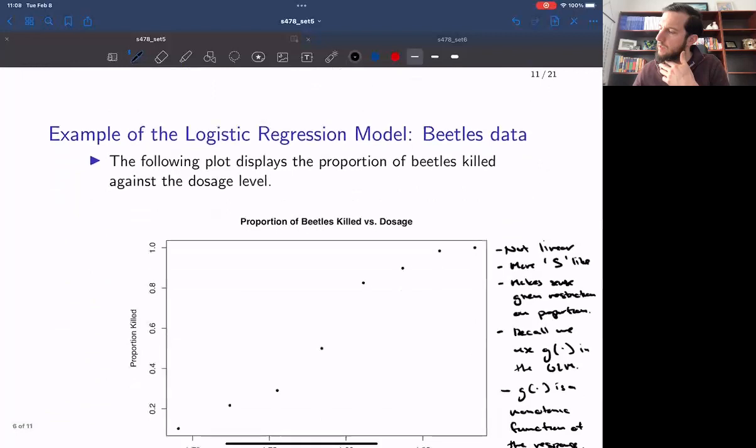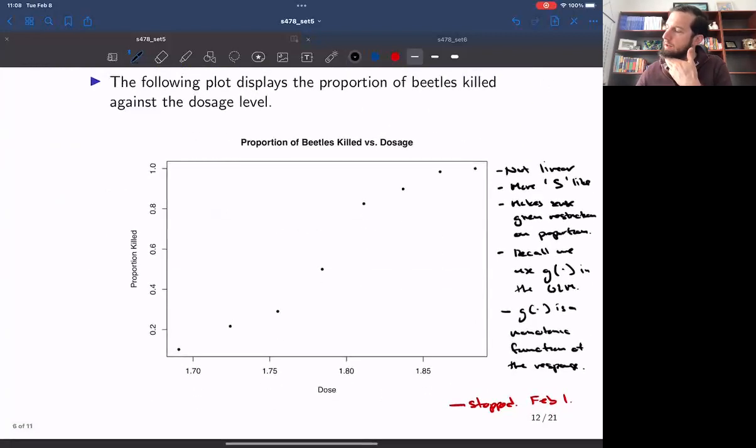All right. So on slide 12, we have a scatter plot showing the proportion of beetles killed, y_i over m_i, the observed values, against the log of the dosage level, which is given in the previous table.